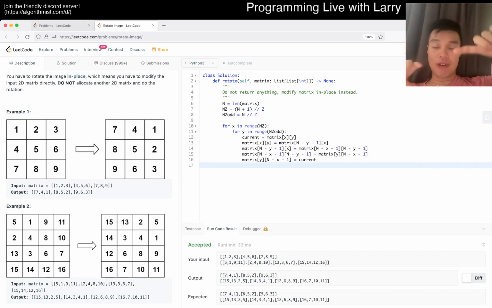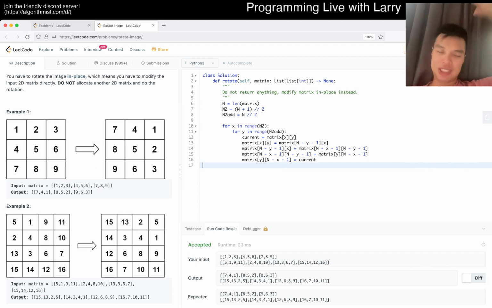Basically, for odd rows and columns, the idea here is just drawing a thing such that they don't overlap, right? So I'm drawing 4 rectangles so that they don't overlap, and it also includes every number except for the middle one, because you don't need to rotate the middle one.